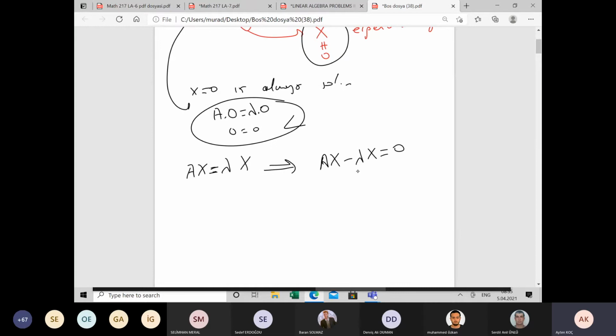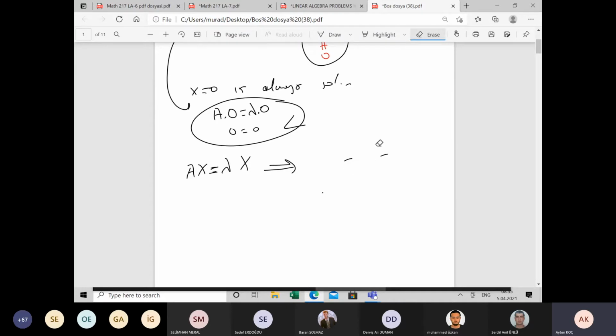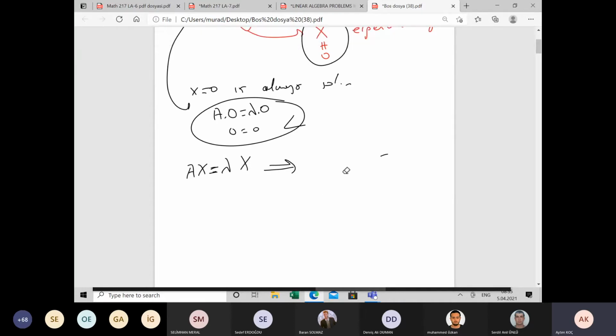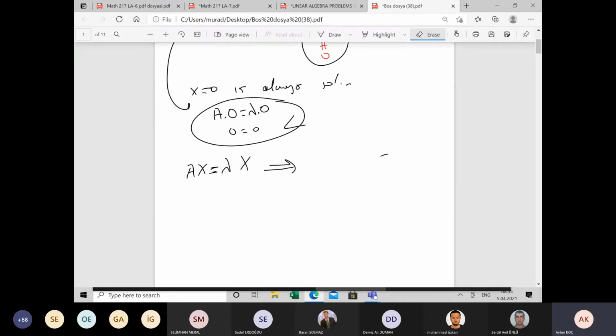So this is A minus lambda x; it is not important, but in the lecture notes it is in another order: lambda x minus Ax is 0. So this one is true, and this one is not true.